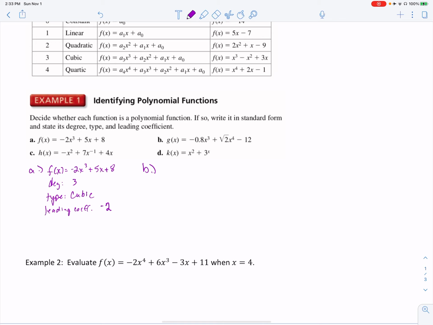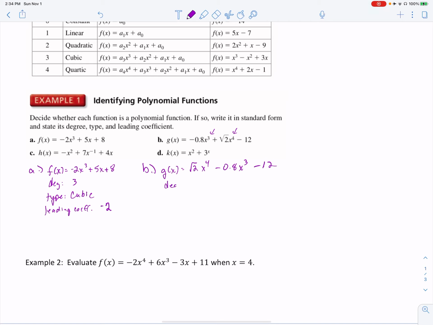Part B, we have an x cubed, an x to the 4th, and then we don't have a squared or an x to the 1st, but that's okay. But notice these are not in descending order, so it is a polynomial, but we need to put the x to the 4th term first, then x cubed, and there's no squared or to the 1st, and that's fine, it's still a polynomial.